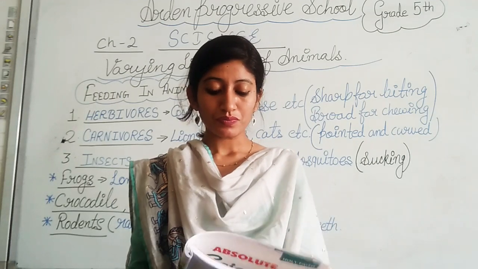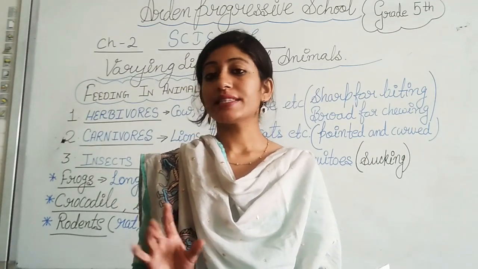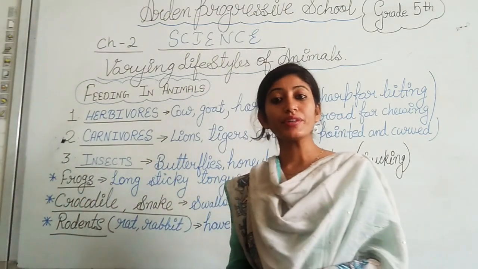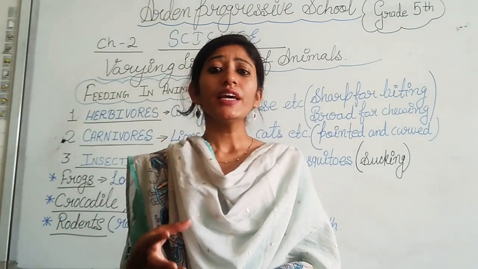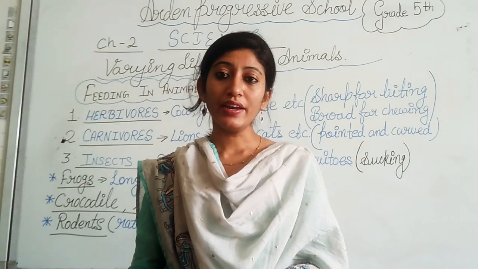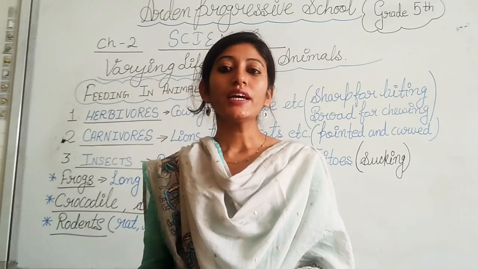Okay. Now, then we have frogs. Now, what do you think about the frog? Frog is so common and it is very clearly visible in the rainy season, in monsoon season, right? So I hope that you all have seen a frog.